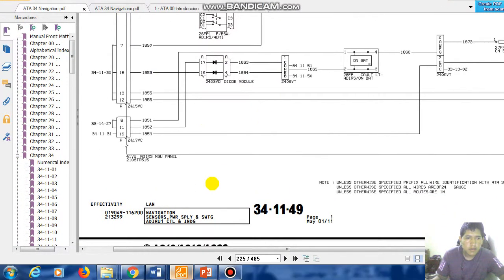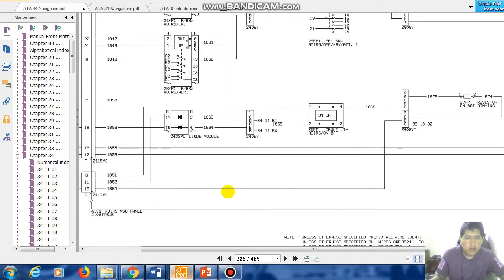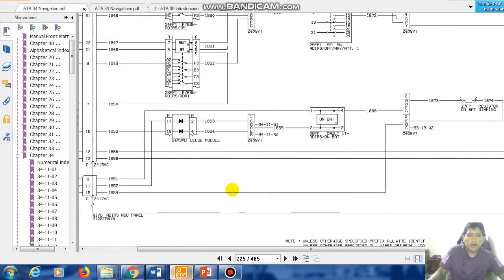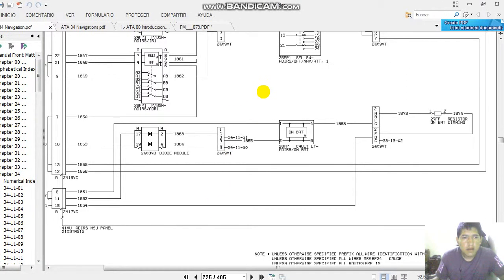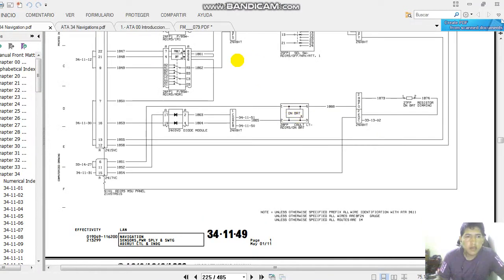about this system. For example, this system has the navigation sensor, the power supply, and the data of the ADIRU. In this case, you see the connection.